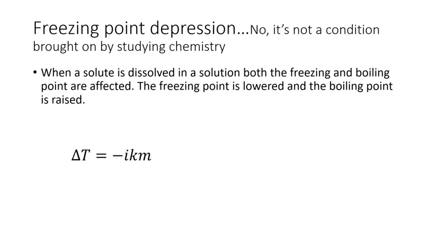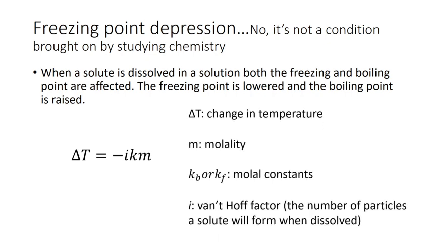And there is an equation that goes with this, delta T equals negative i K m, where delta T is change in temperature, m is molality, remember that, that is moles of solute per kilogram of solvent. So it is not molarity, but molality, be careful on this one. K sub b or K sub f are the molal constants for boiling point elevation or freezing point depression.